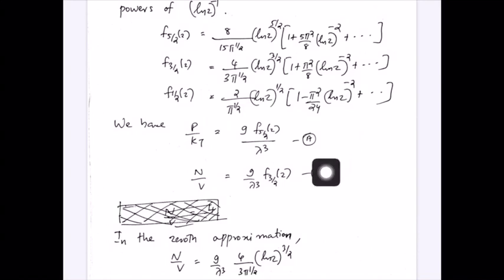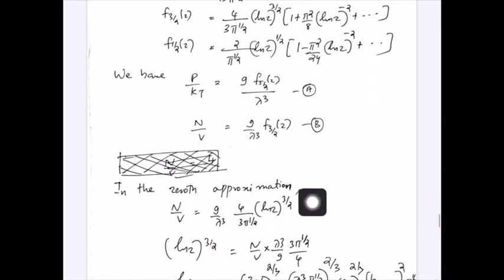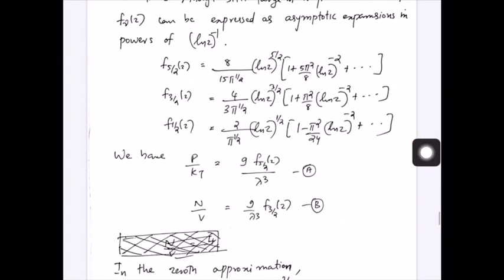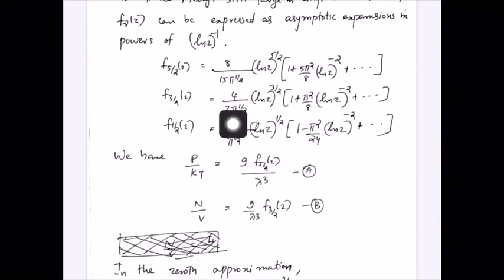Here for f5 by 2 of Z and f3 by 2 of Z, we are substituting these series expansions.